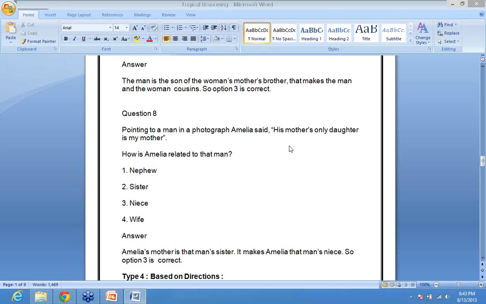If you see the gender, one or two options you might reject right away. So in these type of questions, there are two ways of approaching them. One is to consider your own family as the base, and you establish relation accordingly. And second is to try to see the gender of the person asked.